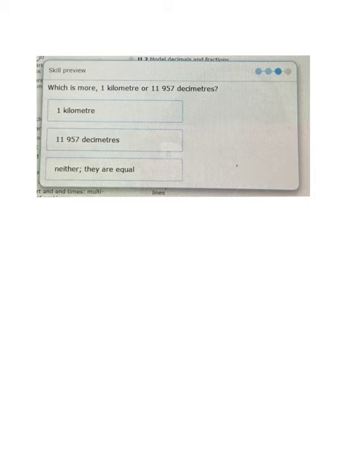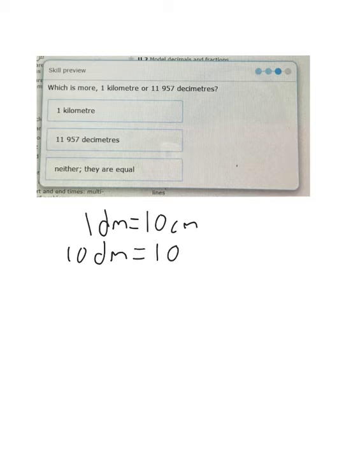But let's start small. We know 1 decimeter is 10 centimeters. So therefore 10 decimeters is the same as 100 centimeters. We also know that 100 centimeters is the same as 1 meter. Okay, so we've built up to a meter here. So 10 decimeters equals 1 meter.